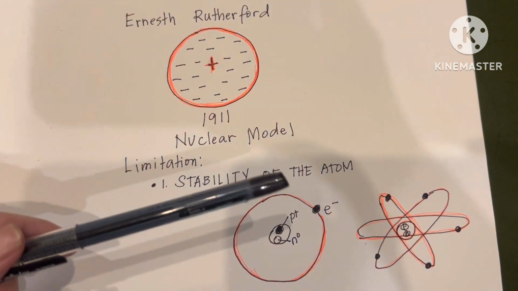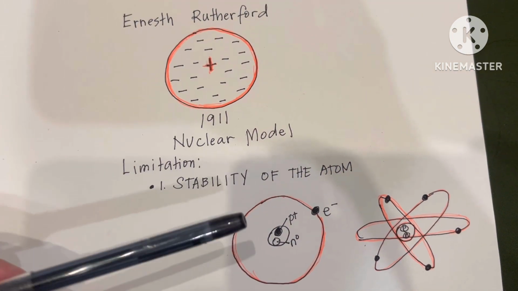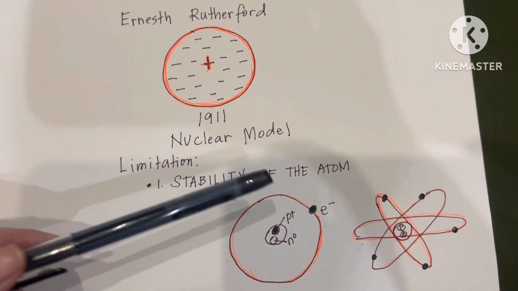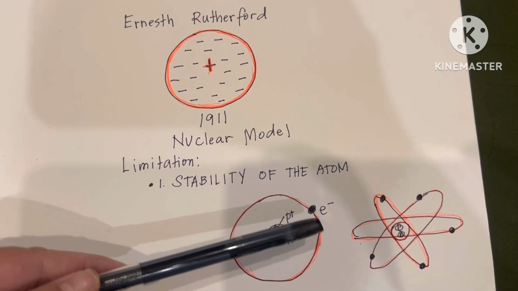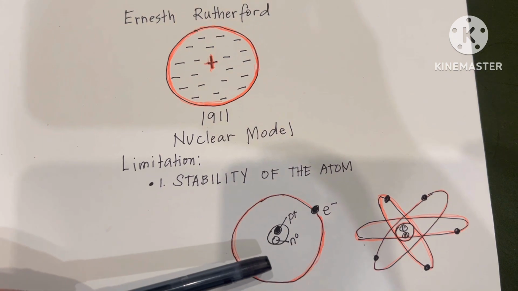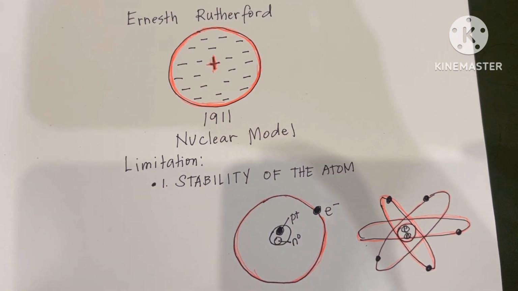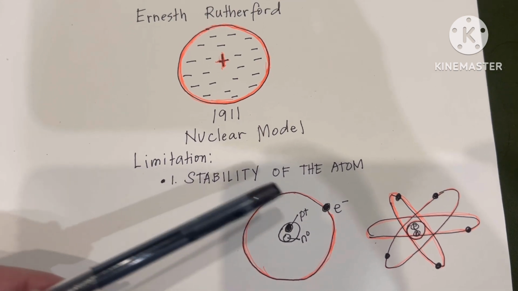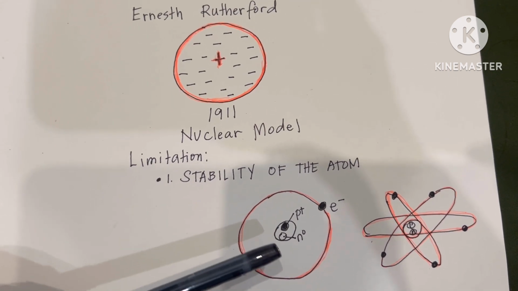So that means the direction is changing, so we can say that the velocity is also changing. Therefore, the electron is said to be accelerating. If the electrons are accelerating, according to Maxwell's electromagnetic theory, this means that they are going to radiate energy.